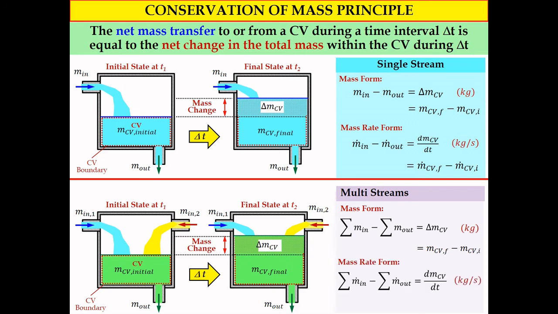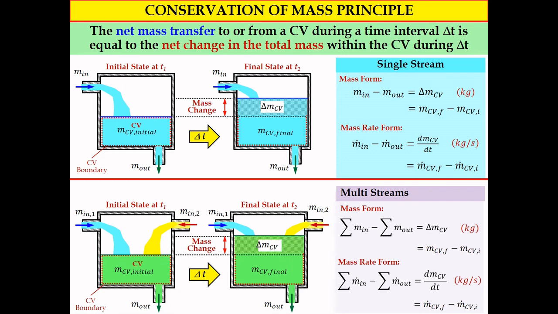In the mass rate form, the equation will be the summation of m in dot minus the summation of m out dot equals dm_CV over dt, and dm_CV over dt also equals m_CV dot final minus m_CV dot initial. This equation we can consider as the general equation for the mass balance.